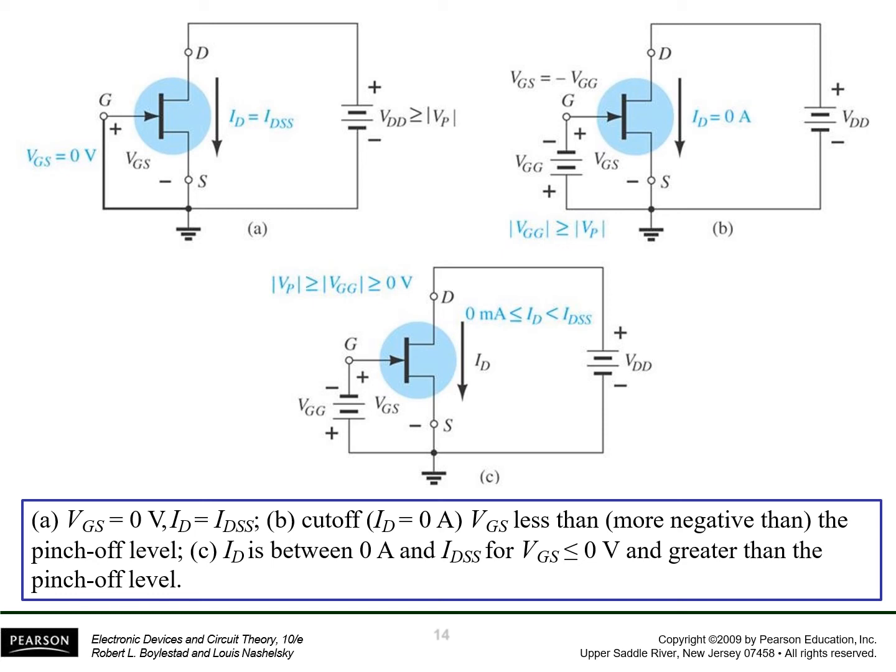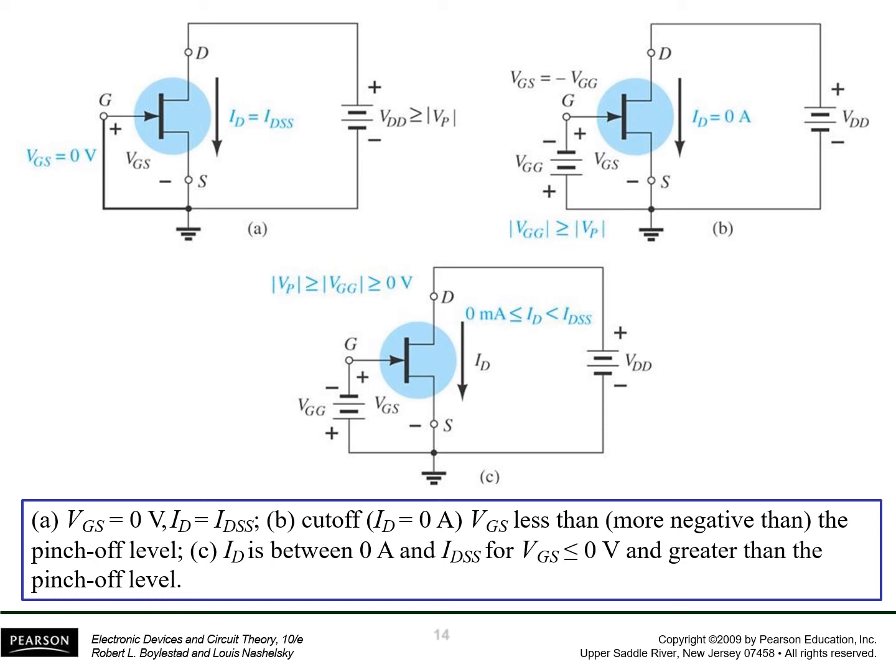Third case, or the C case, is the one in which the value of the voltage between the gate and the source is smaller than the pinch off voltage, and a certain value of ID is maintained.